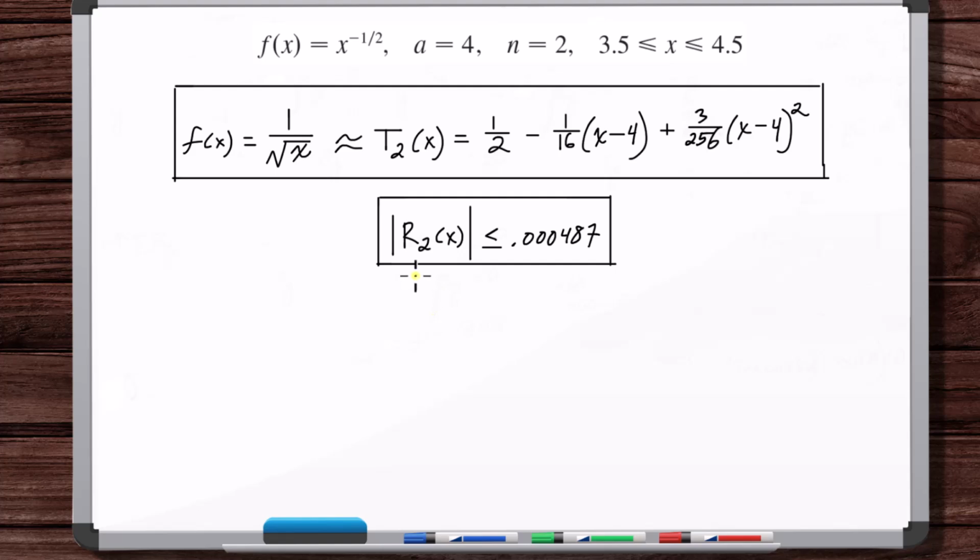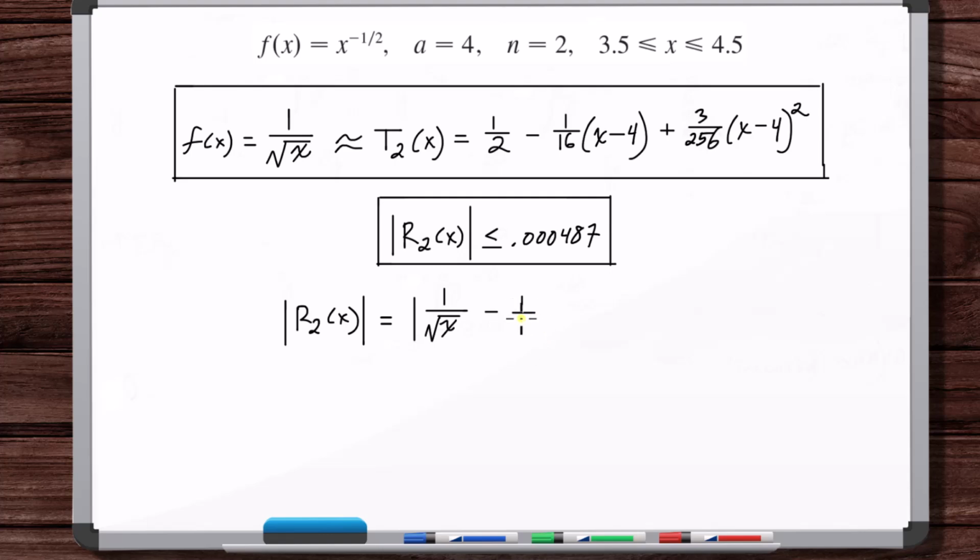Okay, so now let's graph the actual R sub 2 of x. So how do we do that? Well, we know that the absolute value of R sub 2 of x is equal to the absolute value of the function minus the Taylor polynomial.